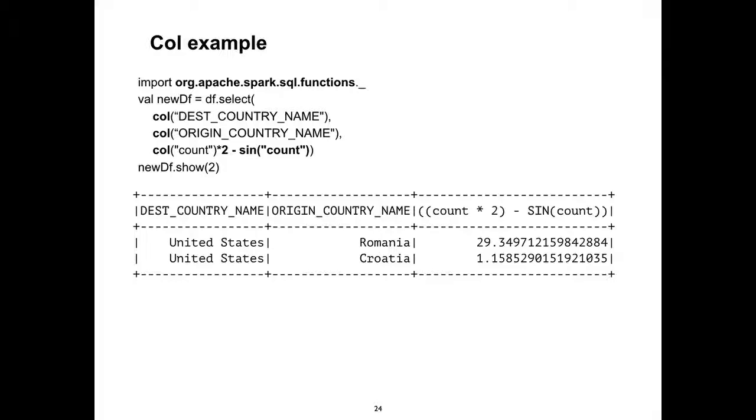Now, if I had another numerical column in the original data set, say I had count and, I don't know, cost, right? I could have times 2 minus sign of cost, right? Or I could have taken count times cost, to figure out how much revenue has been generated by that flight.